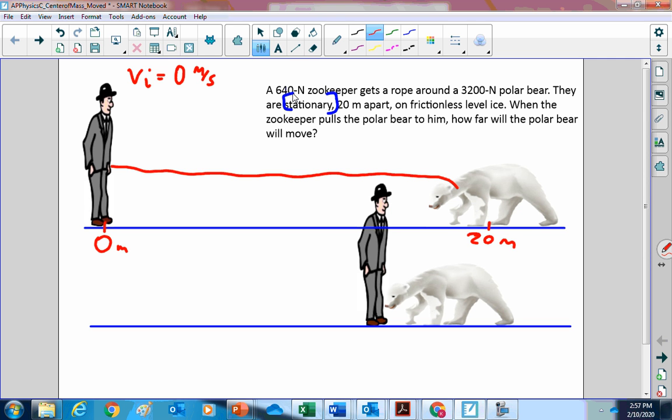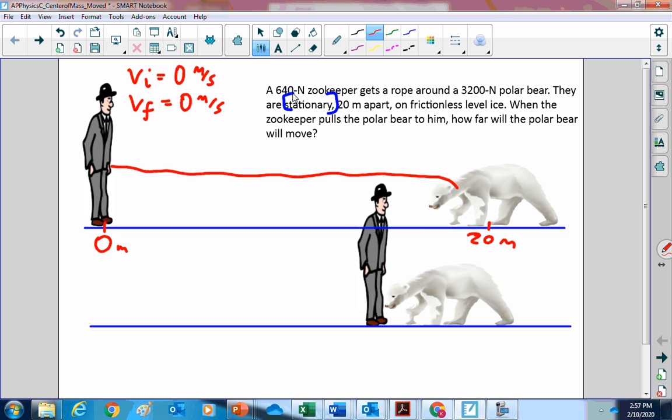So if there are no outside forces, that's why we've got them on ice. So there's no friction, there's no slant here, so gravity is not a factor. So when there are no outside forces acting on the system, we know that the velocity of the center of mass is not going to change. So the final velocity of the center of mass will also be 0.